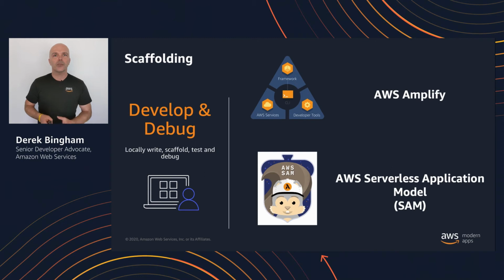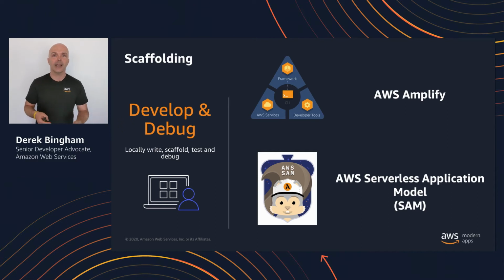Now, as well as those tools, there's two scaffolding, I like to call, applications and tool sets and frameworks that we would like to highlight as well. The first one is Amplify. So AWS Amplify is our full stack web and mobile framework that allows developers to quickly build and scaffold applications.